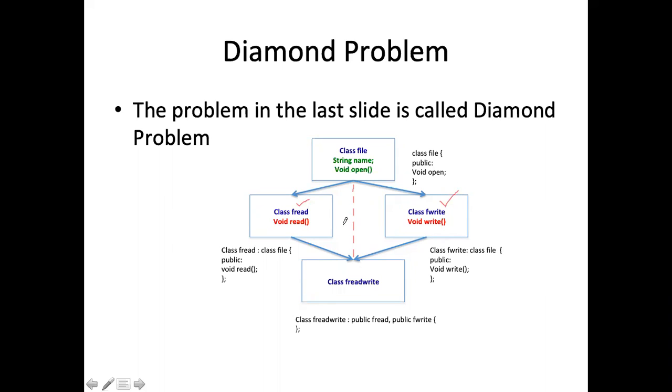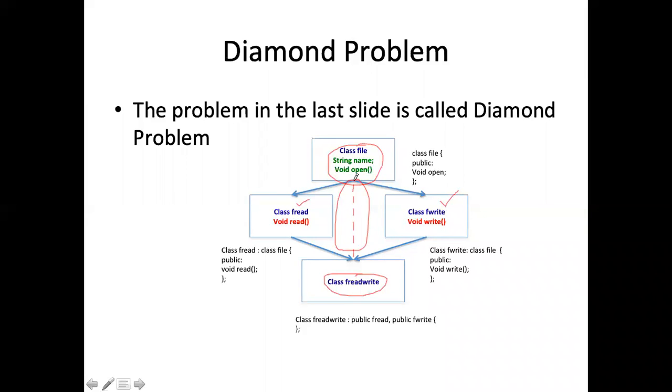So whenever I have a direct call from the child, which is the fReadWrite class, to the parent class, which is class file, a virtual connection will be there between the two. So a direct call to open by an instance of fReadWrite will work.